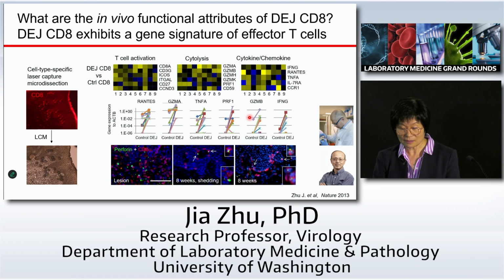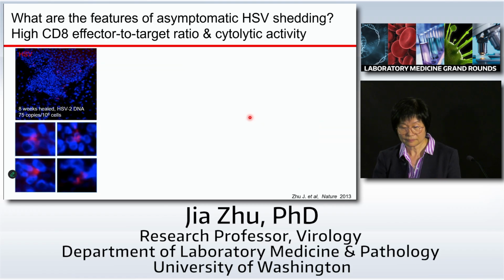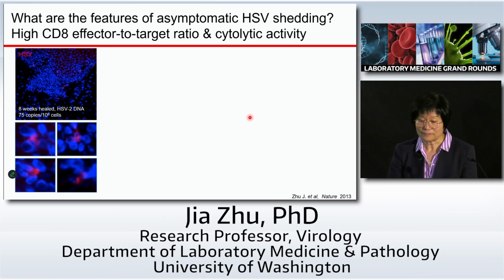They are constantly engaging and eliminating virus-infected cells. So in asymptomatic HSV reactivation, the viral DNA can be readily detected by PCR in normal appearing skin tissue. And we can also detect limited viral protein expression in multiple keratinocytes in the epidermis.